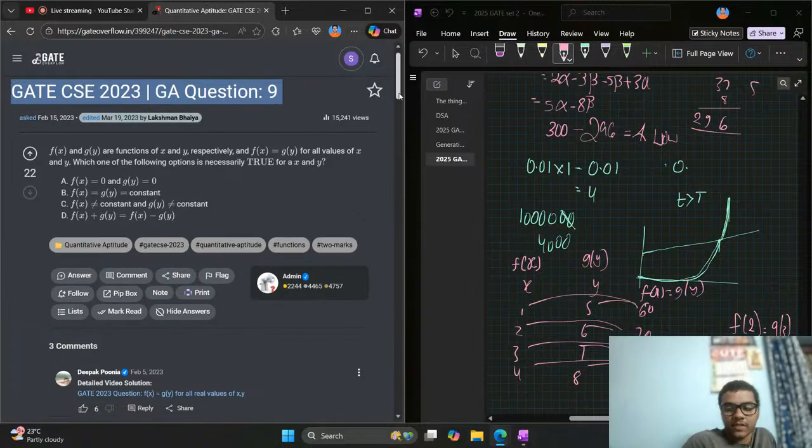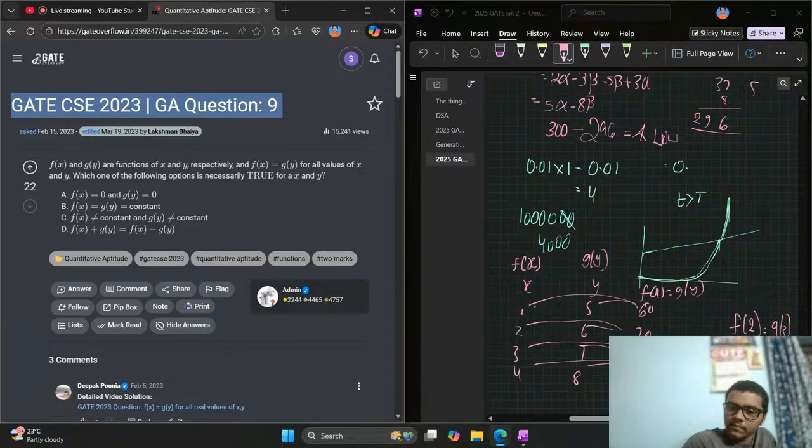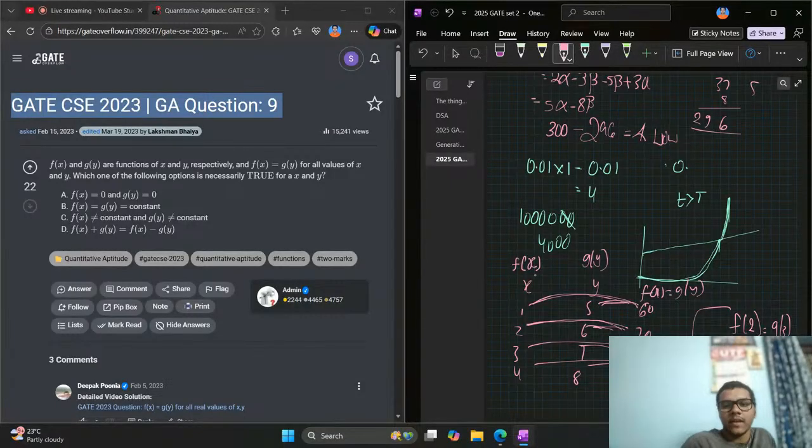Cannot actually interpret this one, but f of x and g of y. Oh wait, you mapped it correctly. F of x is equal to g of y is equal to constant. But f of x is equal to g of y for all values of x and y. So these do not exist.